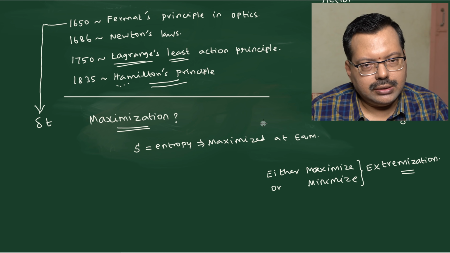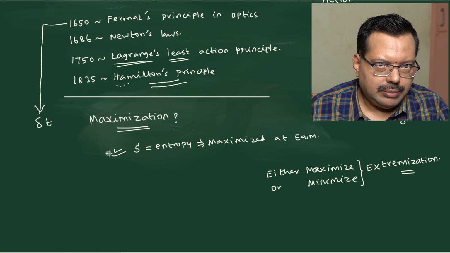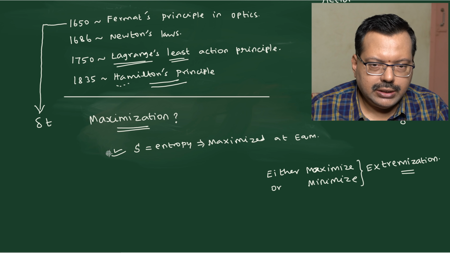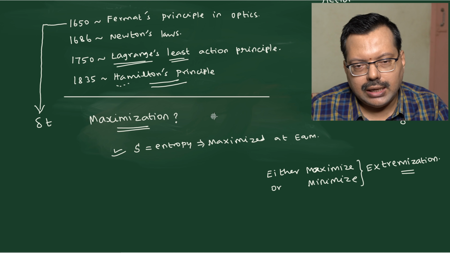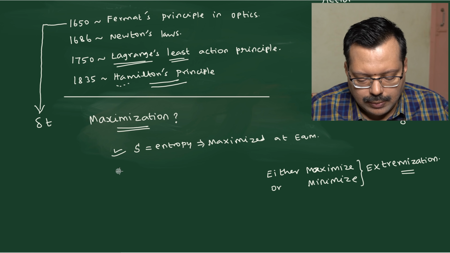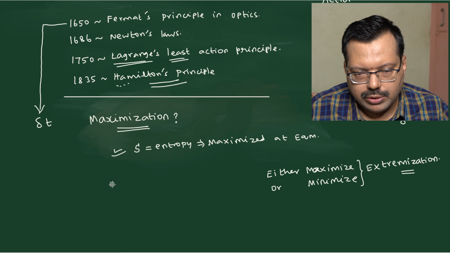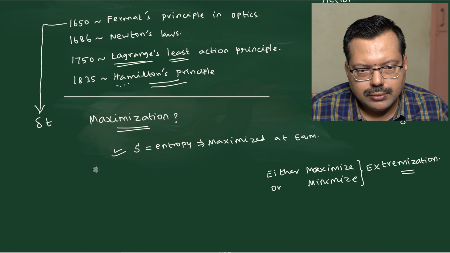In thermodynamics, we have seen an example where the maximization of entropy is possible. Coming to mechanics, in your first year BSc mechanics you already studied, and there you know very well that something is minimizing. This is very simple. Let me draw one diagram.